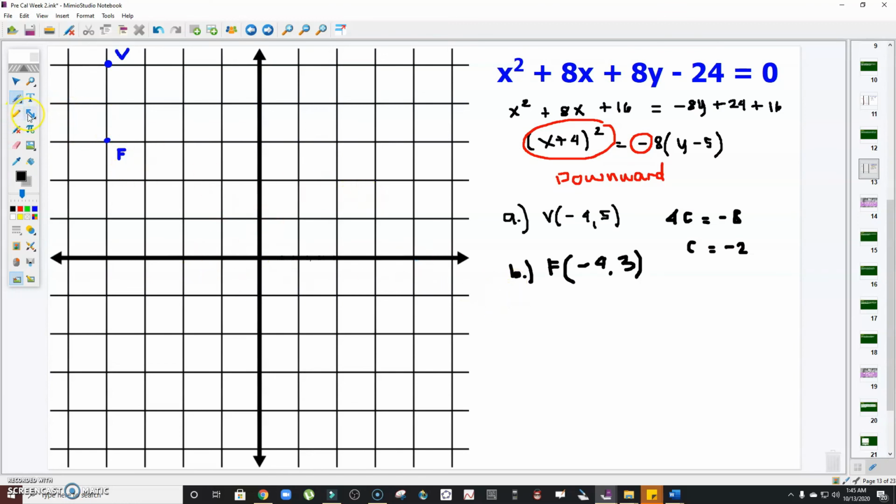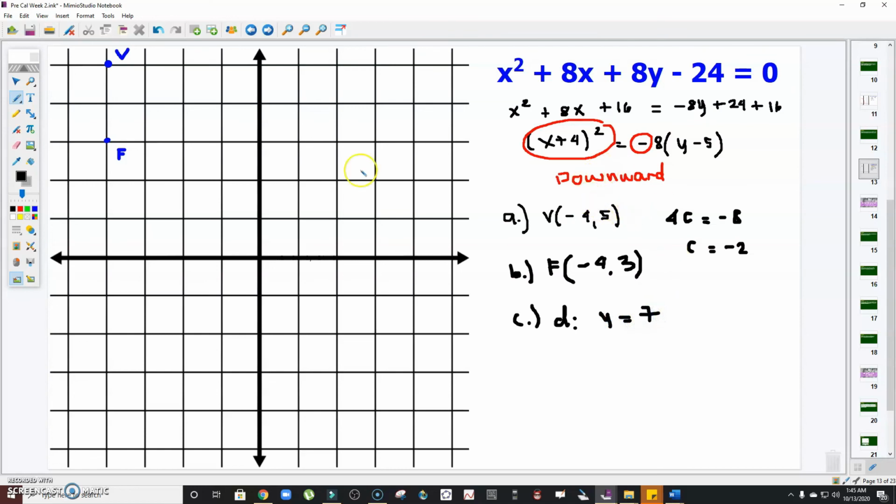Then, the directrix. Since our vertex to focus is 2 units, our directrix is 2 units above the vertex, which is a horizontal line. So that is y equals 7.